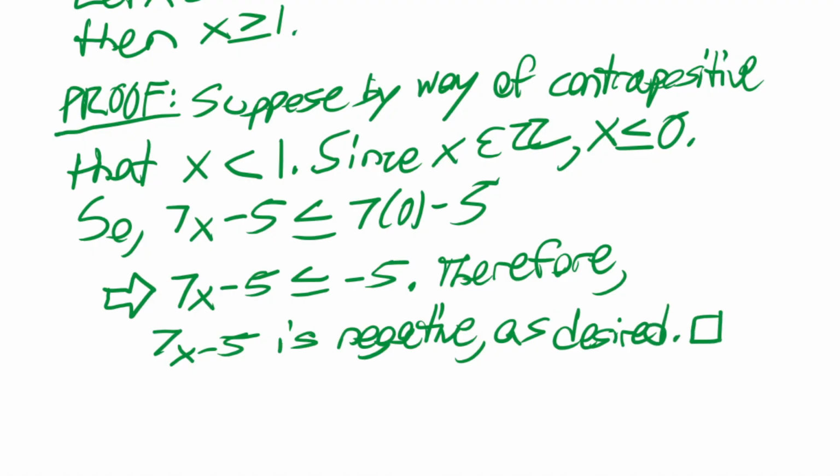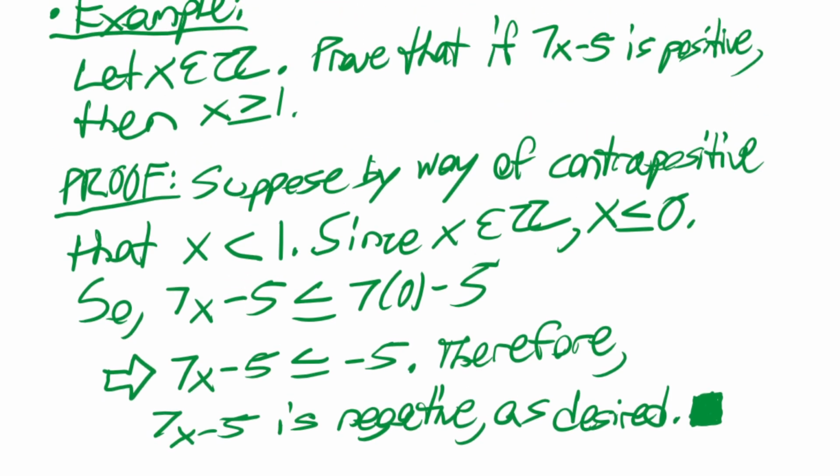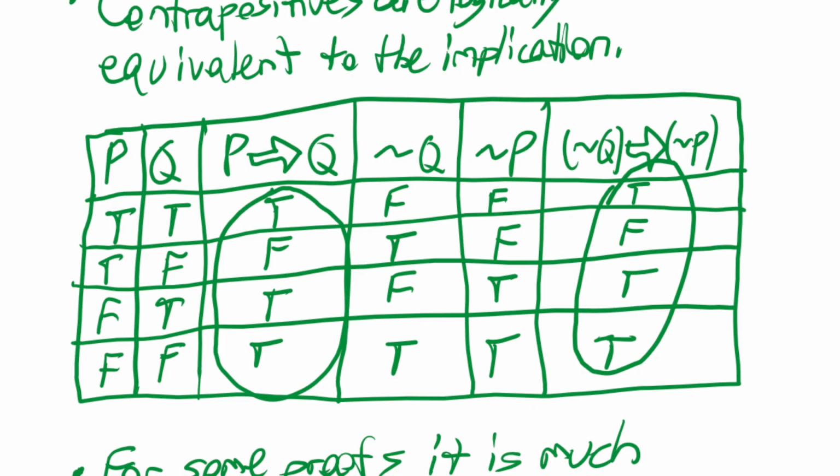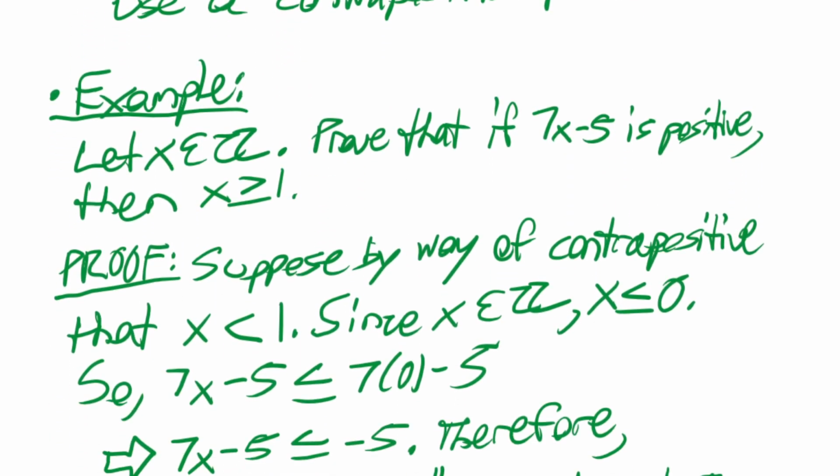So basically what we did in this proof is, instead of looking at the implication that 7x minus 5 is positive implies that x is greater than or equal to 1, we proved it by contrapositive. And remember, the contrapositive is not Q implies not P. So we did not Q, which is x is strictly less than 1.